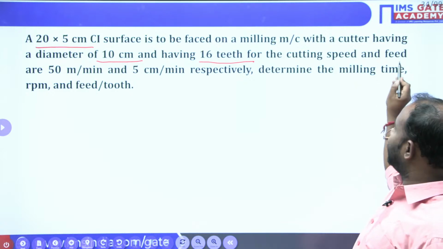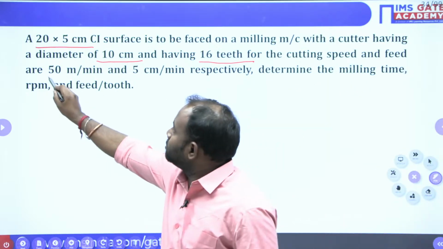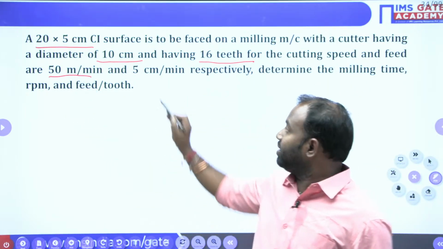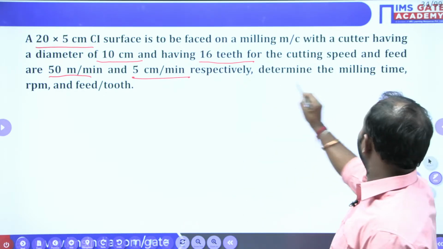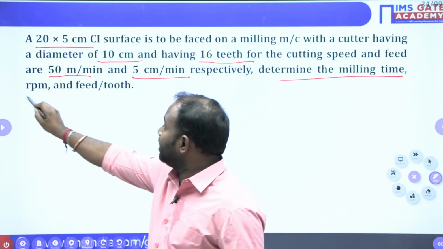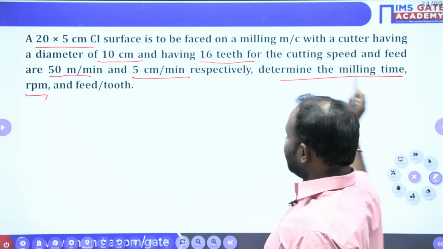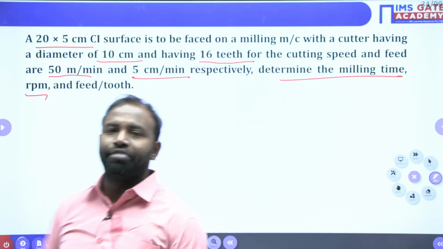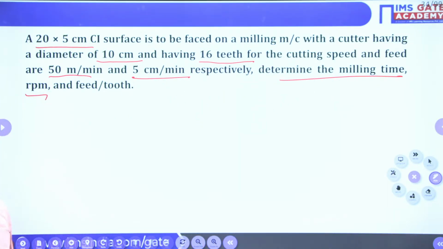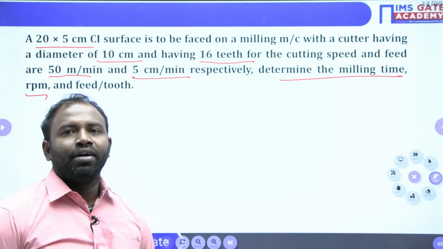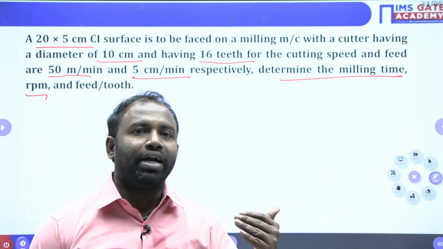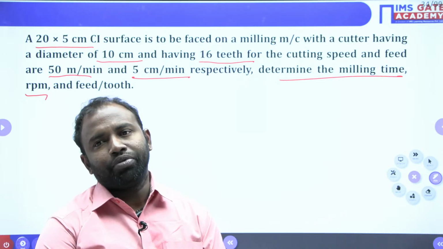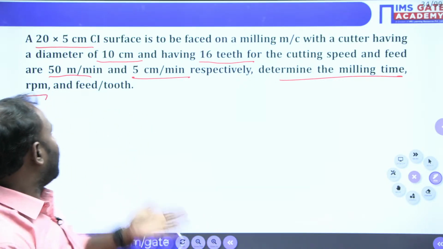For the cutting speed and feed speed given, 50 meters per minute and feed 5 centimeter per minute respectively, determine the milling time, RPM and feed per tooth. They are asking you to calculate. What we have to calculate? RPM of the cutter and feed per tooth, FT, and also milling time we have to calculate.